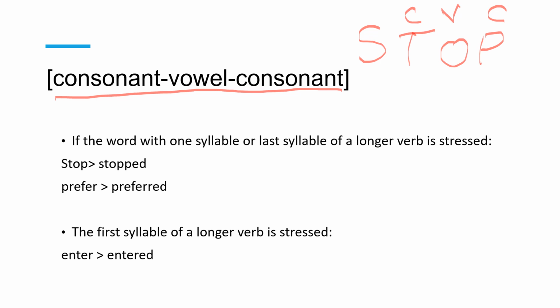If it's a one-syllable word, such as stop, we will double the final consonant, such as PP, and then we will add ed to the base form verb to convert it into the past simple form of this base form verb. Stop, stopped. What did we do with it? We doubled the final consonant and added ed.